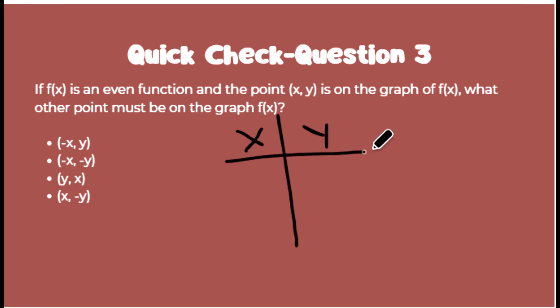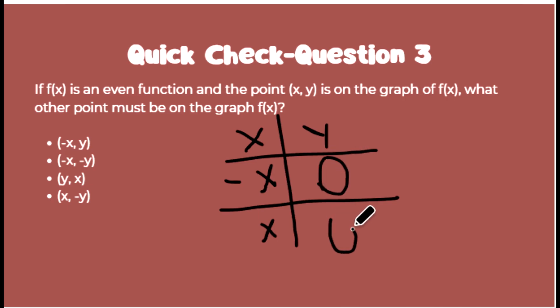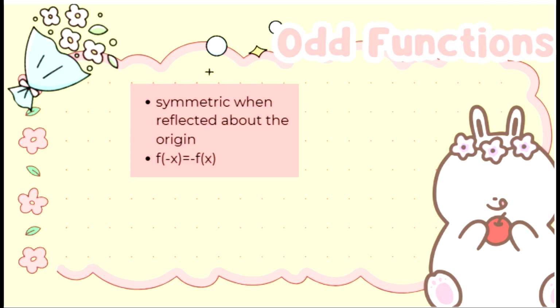If we have negative x and we have positive x, then these two numbers are going to be the same. So if we have x and y, what other point is going to be on the graph? You're going to have to do a little bit of thinking there to figure it out, but I believe in you. Okay, let's move on to odd functions.